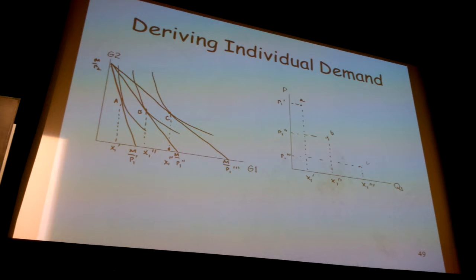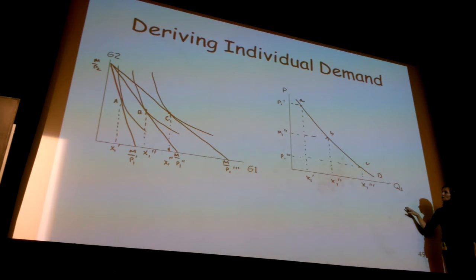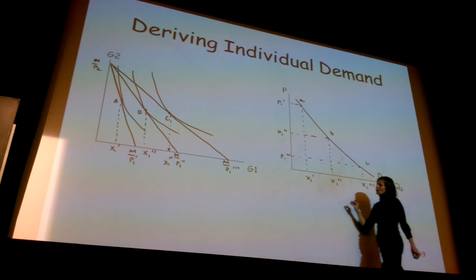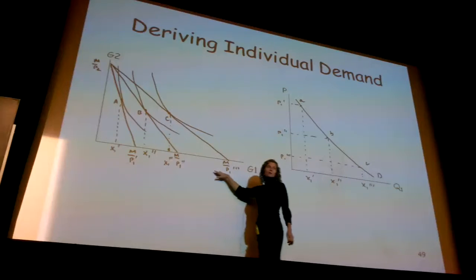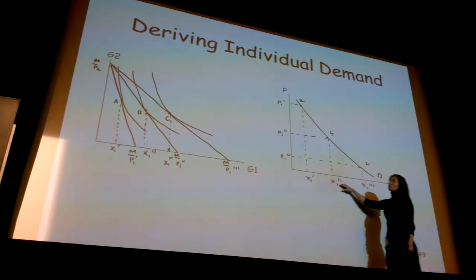And of course, what am I tracing out here? I'm tracing out a demand curve. It looks something like this. So now you can see how we can go from this model of consumer choice to an individual's demand curve.